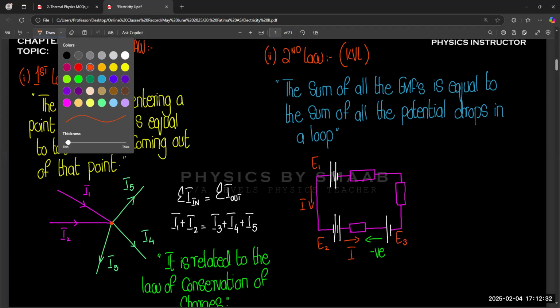But according to the magnitude, we know E1 and E2 are greater potential difference sources, or EMF, as compared to E3, because E3 is a single cell, and E1, E2 are double cells, right? So magnitude wise, E1 and E2 combined are greater than E3, but direction wise, they are opposite.